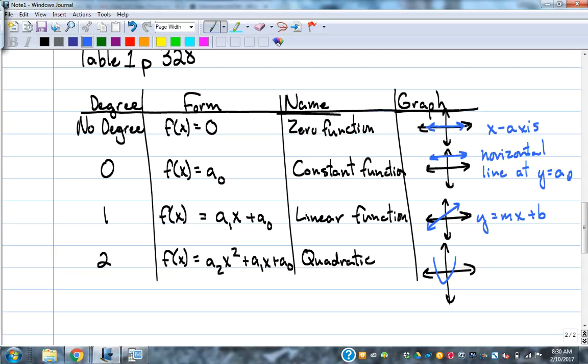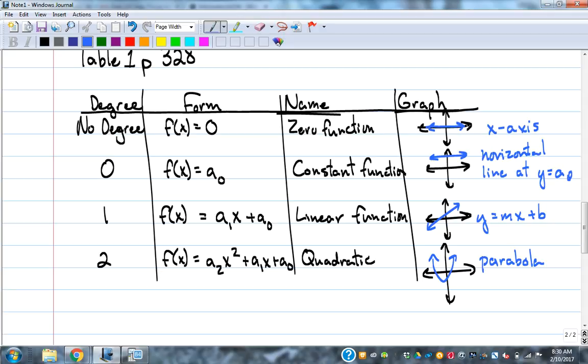It's a parabola. So it could open up or it could open down. We're going to be optimistic and have it open up. So all of these things we've already done. We should know how to solve those, how to get parts of the graph for those.